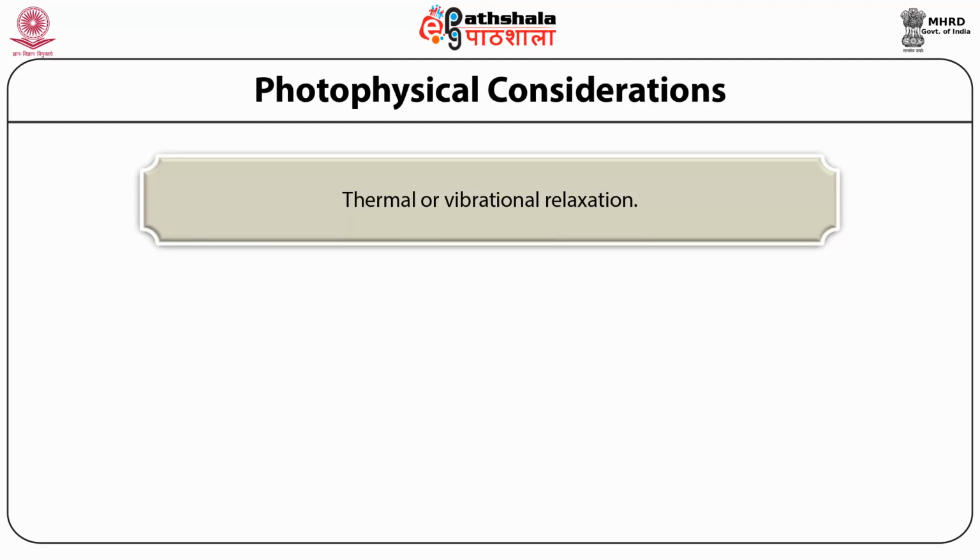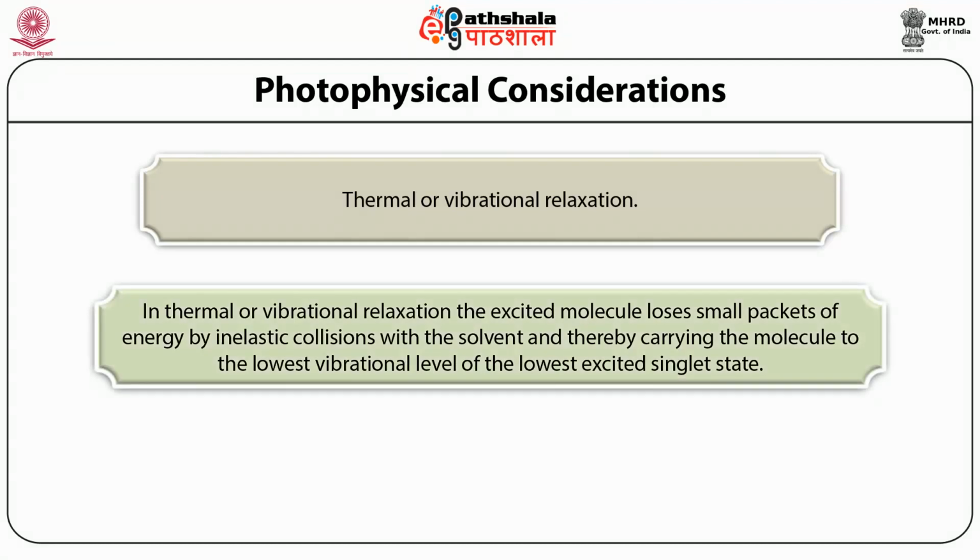This means that a small amount of energy is released as packets while going from the highest vibrational level to the lowest possible vibrational level. In this thermal or vibrational relaxation, the excited molecule loses small packets of energy by inelastic collision with the solvent, thereby carrying the molecule to the lowest excited singlet state.